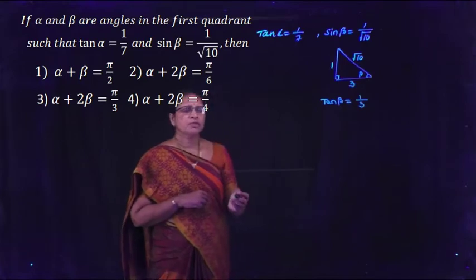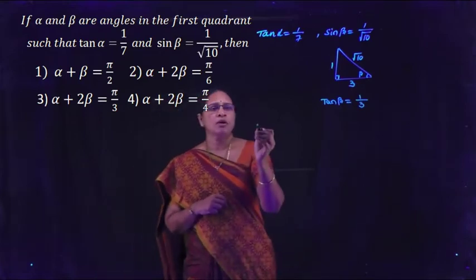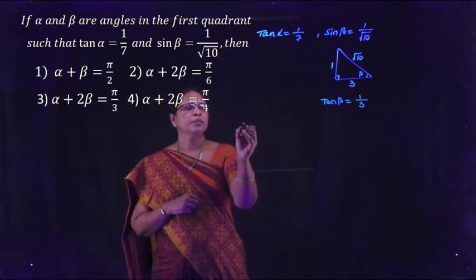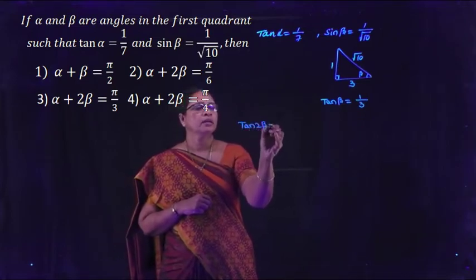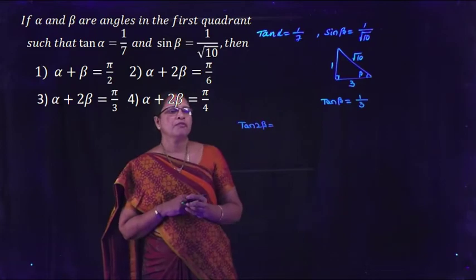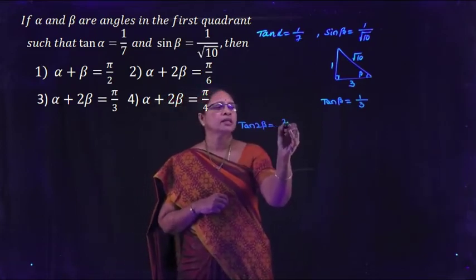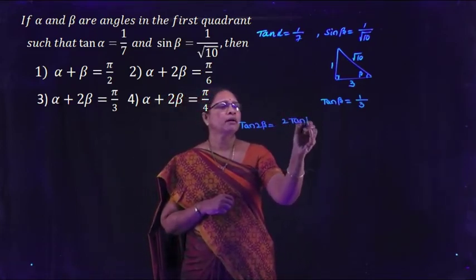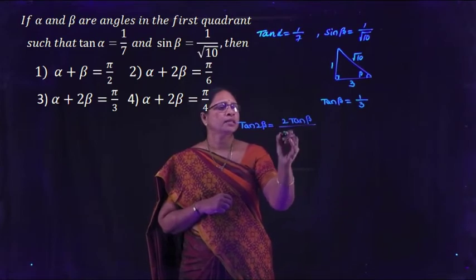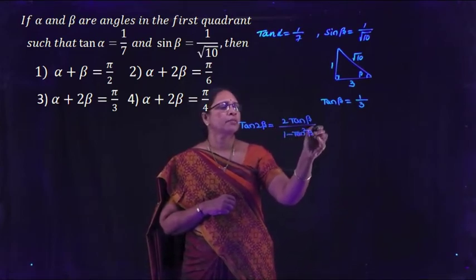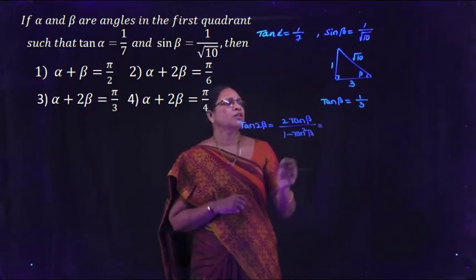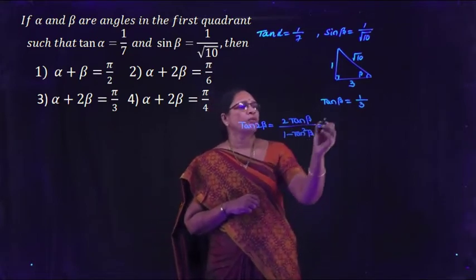Here first we have to find out the value of tan 2 beta. We know that the formula for tan 2 beta is 2 tan beta by 1 minus tan square beta. Substitute the value of tan beta is 1 by 3.